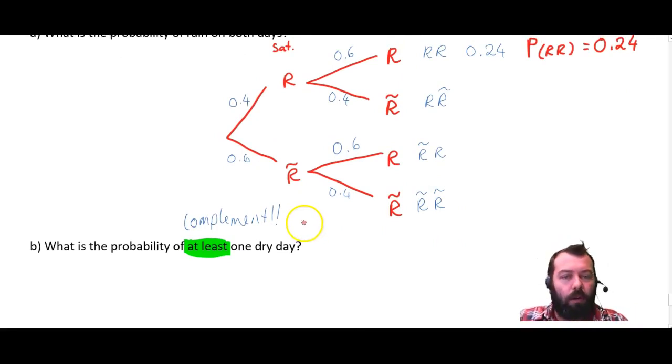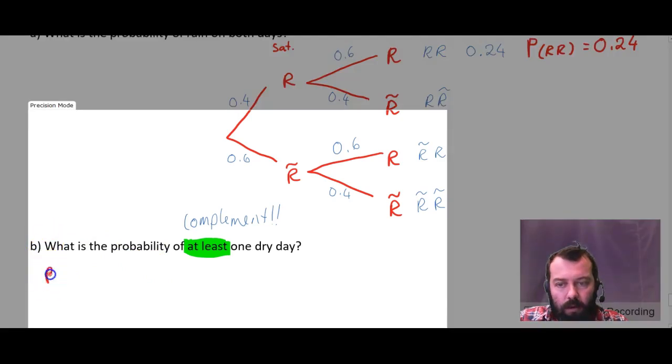Okay, so here we go. The complement of at least one dry day is no dry days, is 2 days of rain. We know that the probability of 2 days of rain is 0.24.